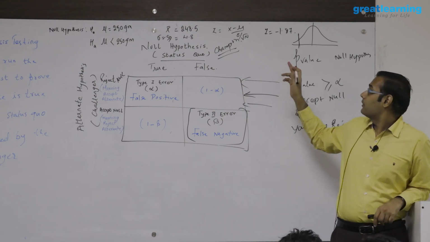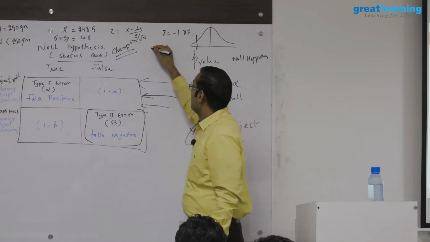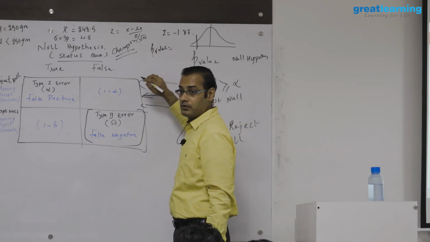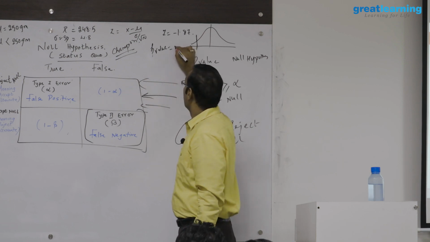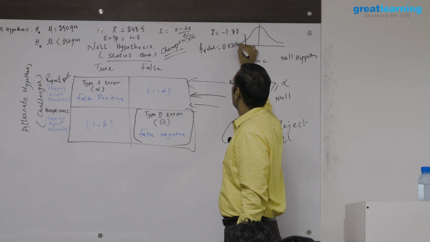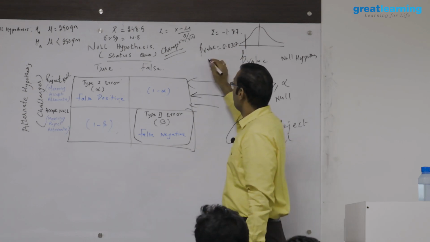Now with minus 1.87, what is the p value? P value is equal to 0.0307. Okay.